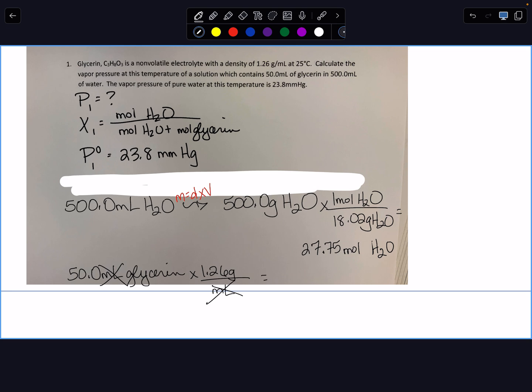So 50 milliliters of glycerin would have a mass of what? 63 grams.